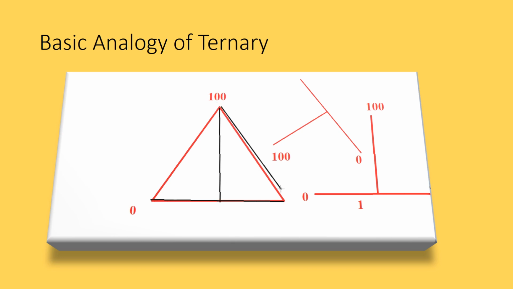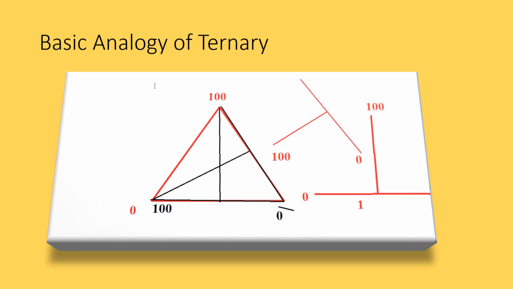Similarly, the second one is the y-axis, that is the horizontal, and its value is 0. The vertical line, that is the apex value, starts from the mid value and it is 100. This is another axis, this is 100.